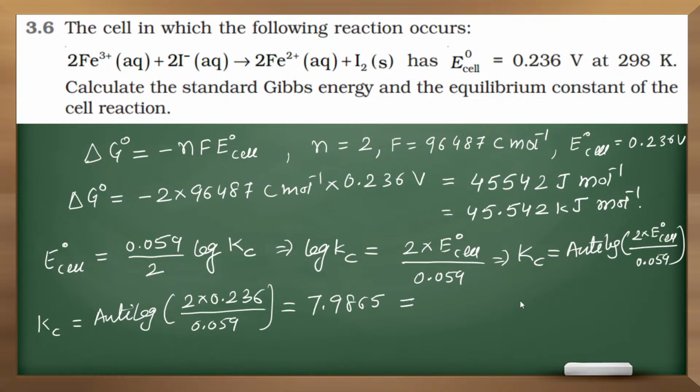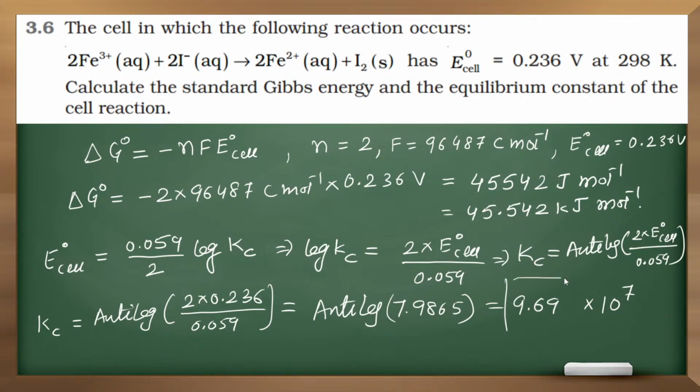So Kc is anti-log of 7.9865. So it is 10 raised to power 7 into anti-log of 0.9865. So it is 9.69 into 10 raised to power 7.